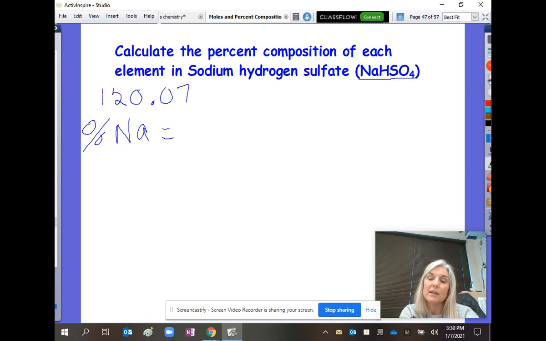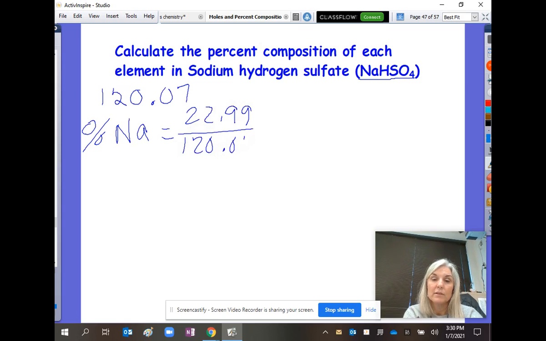Sodium has atomic mass, which is its molar mass, of 22.99 over the total molar mass of the compound times 100, and then that gives us 19.15%.